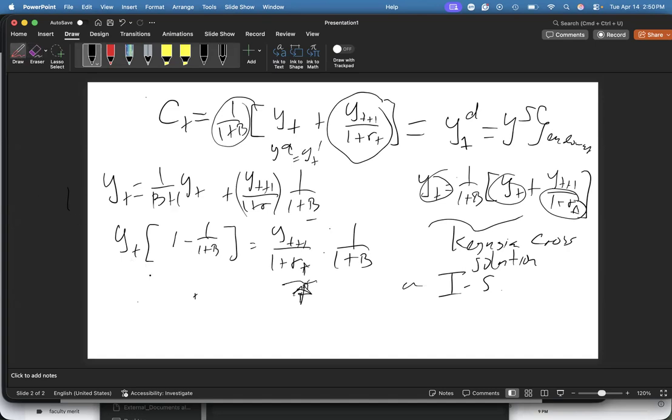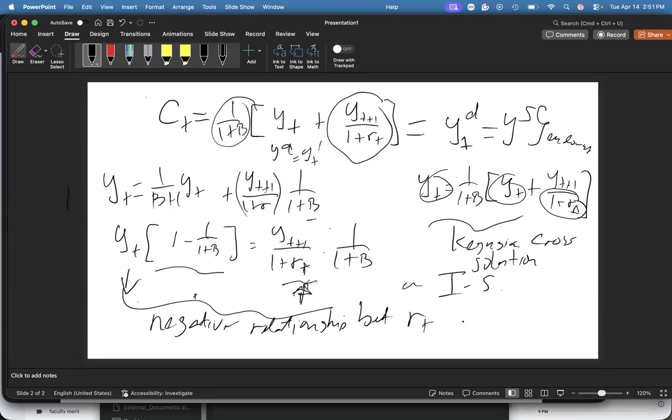Okay. And then, bababa ito. This kasi is constant, so ultimately, you can like move it to the other side. So it doesn't really matter. But dito pa lang, makikita mo na yung negative relationship between rt and yt.